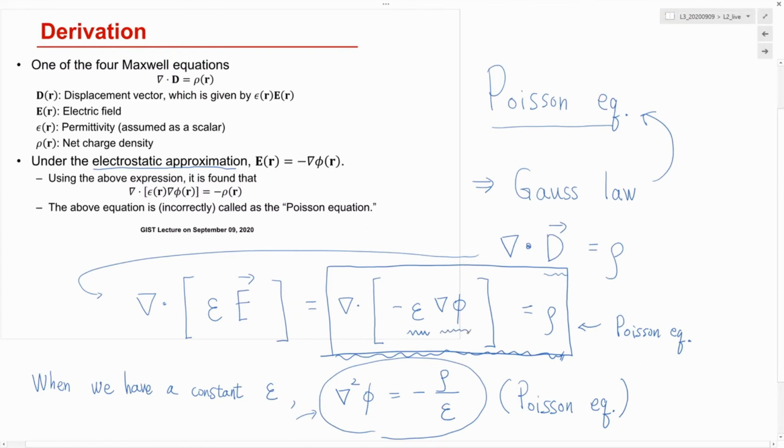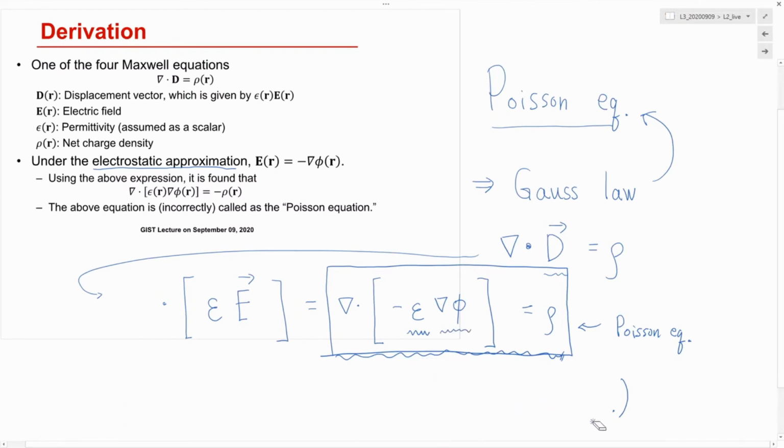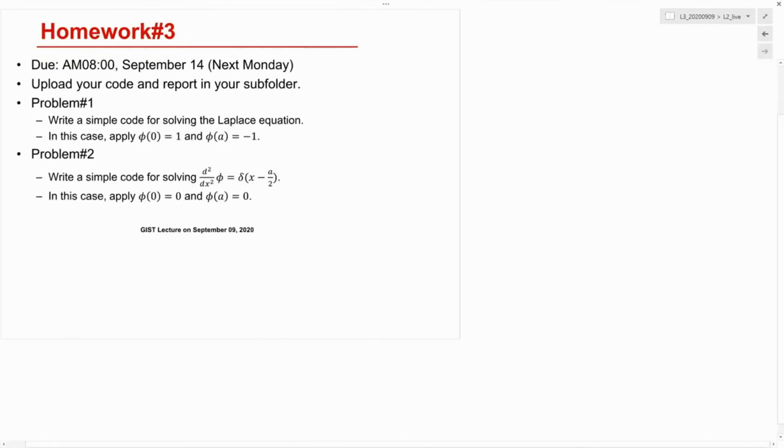Let me wrap up today's lecture. You already have the third homework, and it has two problems. The first problem is just a repetition of our example with different boundary conditions. You can do it quite easily. The second question is a little more difficult.